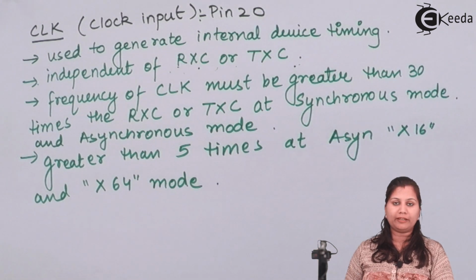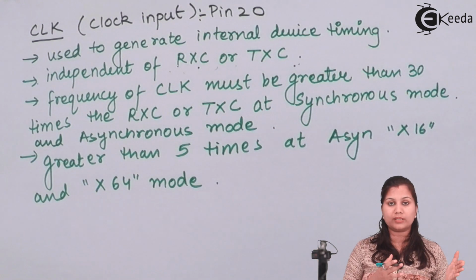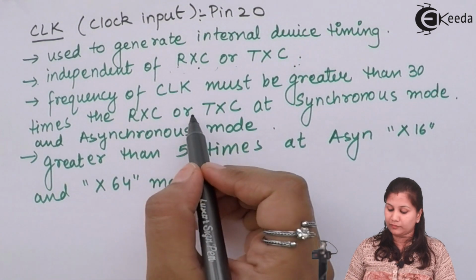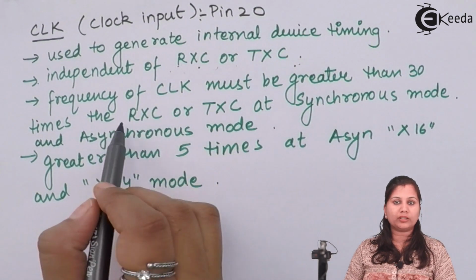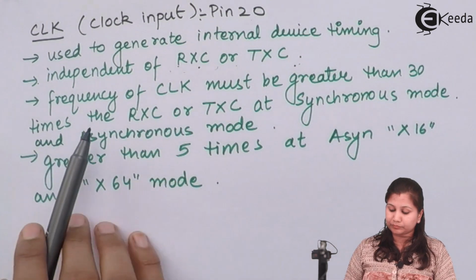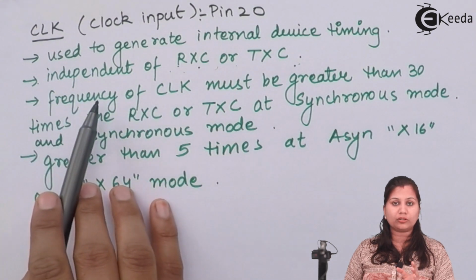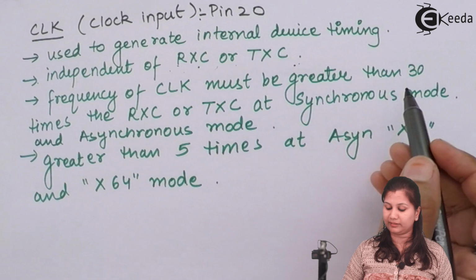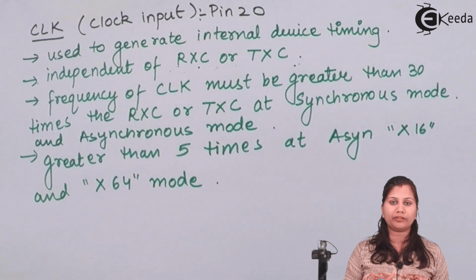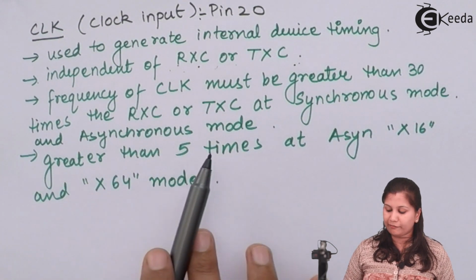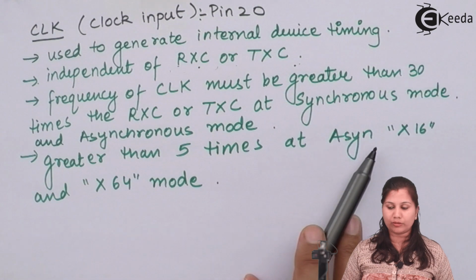When the 8251 is working in the synchronous and asynchronous mode, the clock frequency of the 8251 should be greater than 30 times the clock frequency of the receiver and the transmitter. Also it must be greater than 5 times in the synchronous mode.